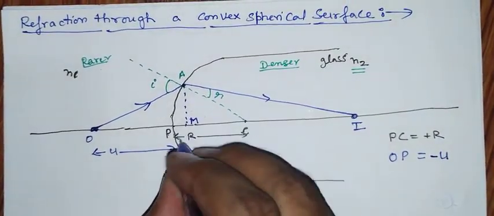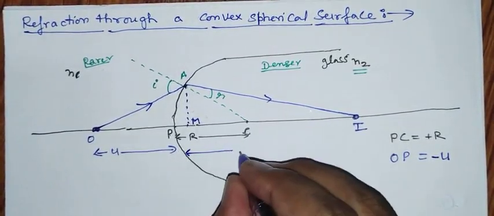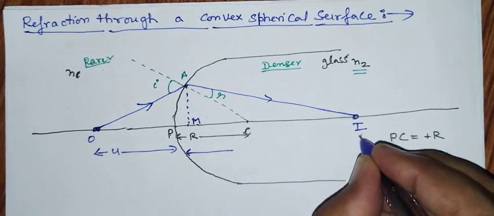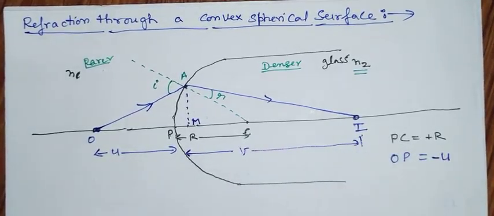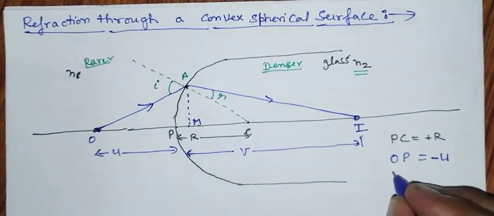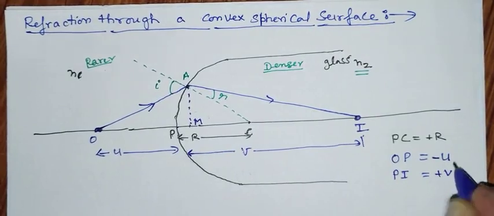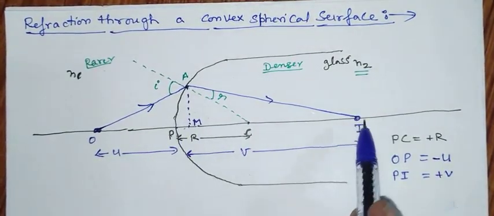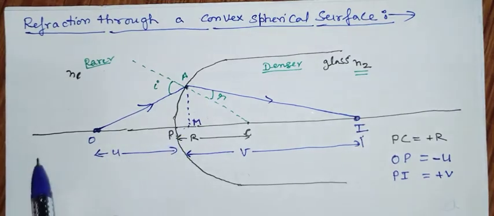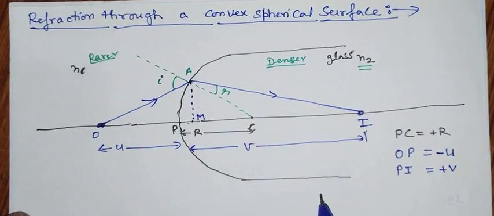And this distance from pole to the image PI is v, so it is plus v. Right hand side distance is taken as positive, left hand side distance is taken as negative according to the sign convention formula.